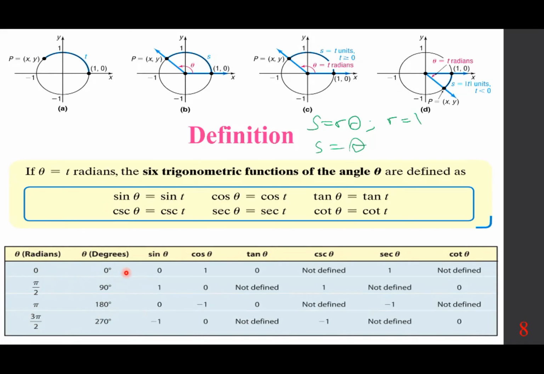Sine, for example, for the 0 is 0. Cosine is 1, tangent is 0, cosecant is not defined, secant is 1, cotangent is not defined. So exactly the same thing that we did in the previous page works out here for theta. So we are repeating the same concept.